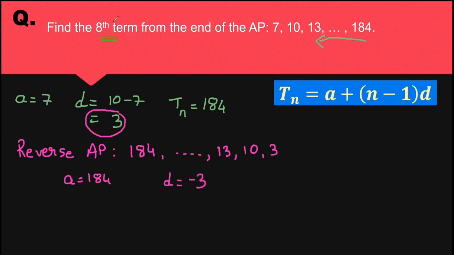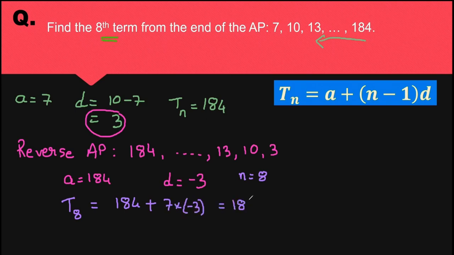Now we have to find the eighth term from the end of the main AP, which is equal to the eighth term of the reversed AP starting from 184. So simply if we put n equals 8 in the formula and find T8 of the reversed AP, we get 184 plus n minus 1, that is 7, times d, that is negative 3.